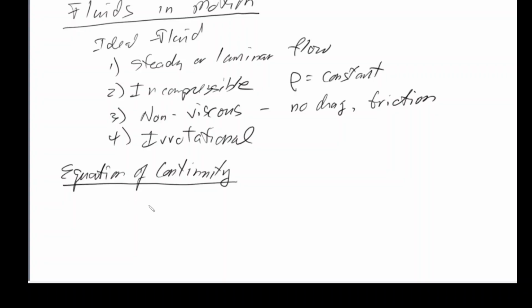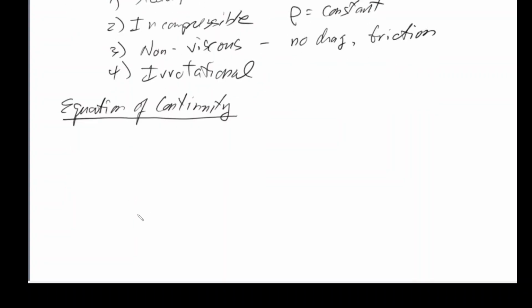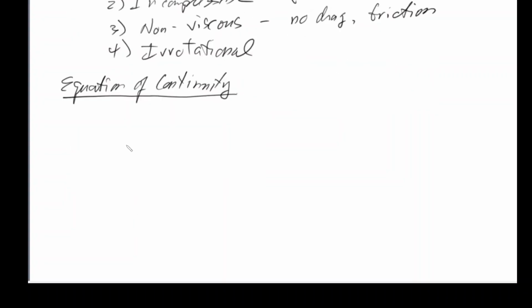In other words, let's say we have a tube that goes from a cross-sectional area of A1 to A2, and it has a velocity V1 here and V2 here.